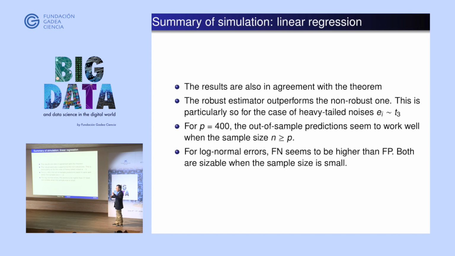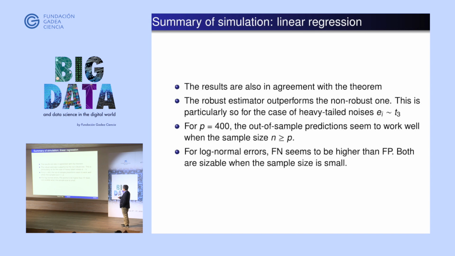If you have high dimension, too few observations, the time series case is not really that informative. So typically, based on my experience, sample size probably should equal the dimension for the method to start to work very well.